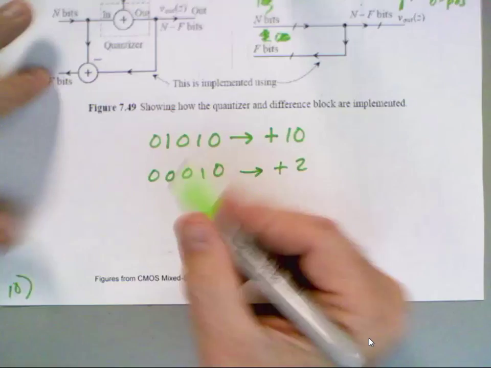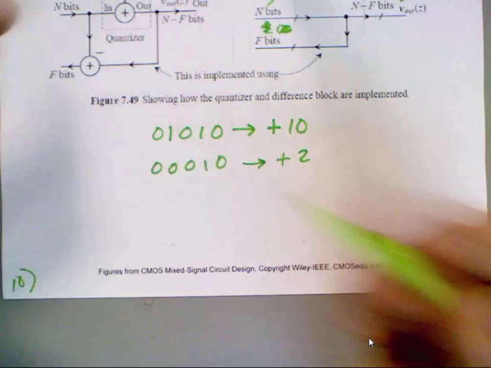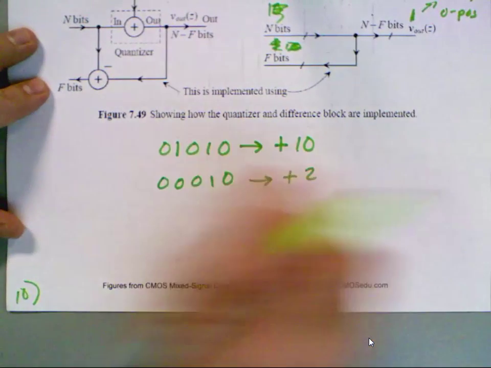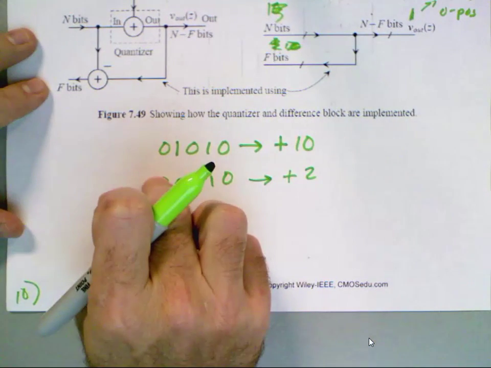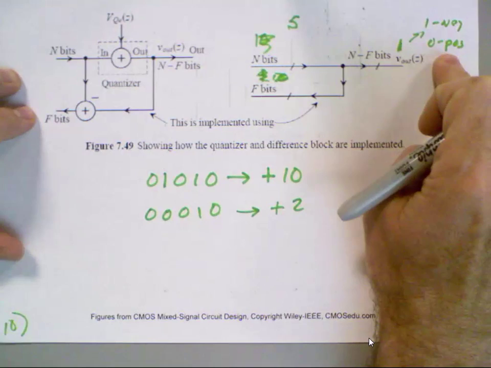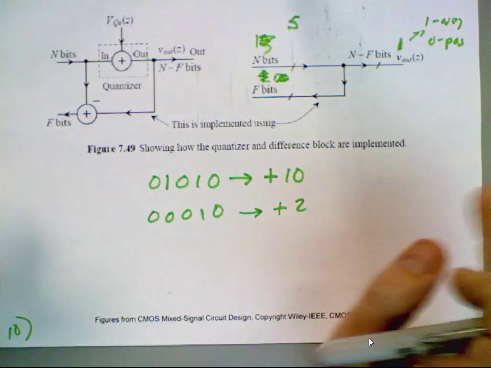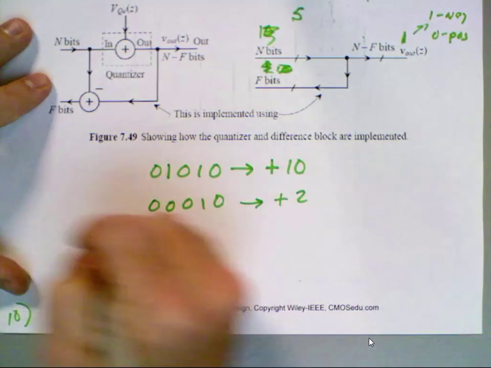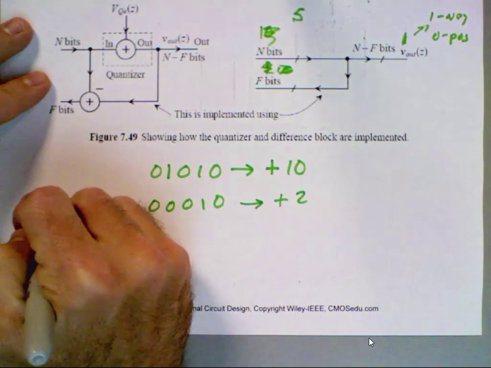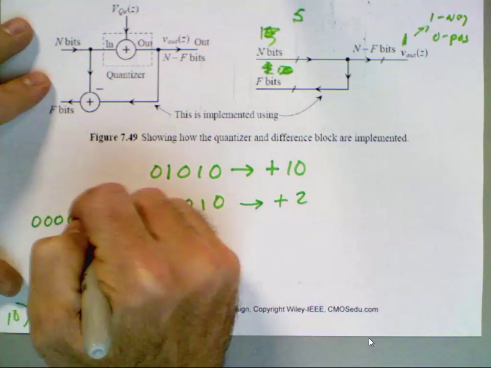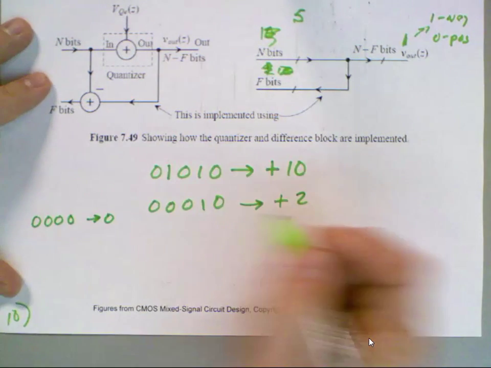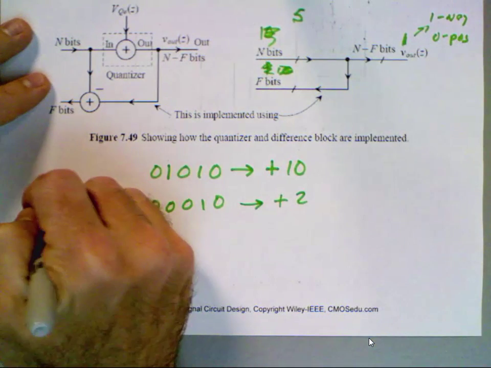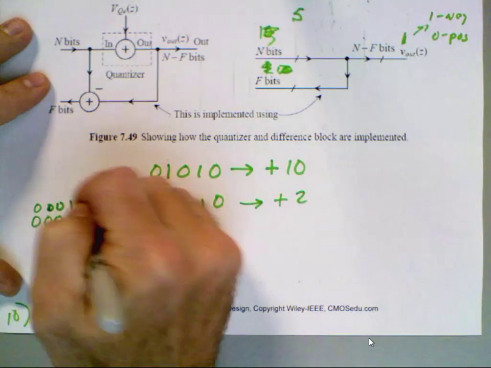So let me make it simpler. No, that's the sign bit, right? So that's the one I'm outputting. Well, hold on. Yeah, I'm outputting the sign bit, 0 or plus 1. So let's do 4 bits. If I do 4 bits, I get 0 0 0 0, which is 0, right? And I get 0 0 0 1, which is 1.